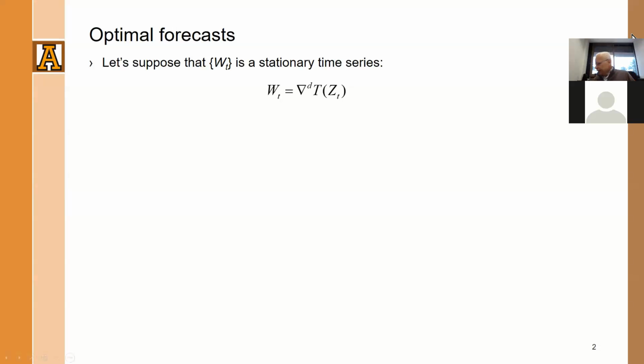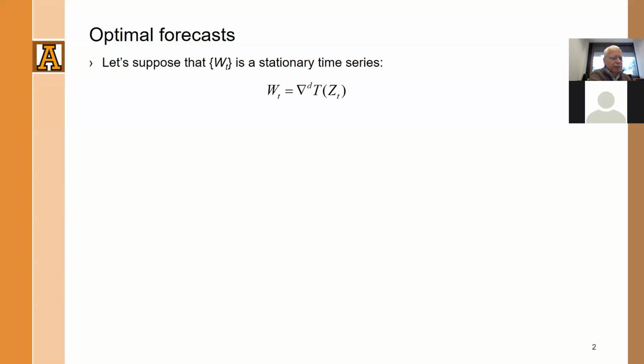Now let me get my iPad, because we have to draw stuff here. Now we're going to call it WT, and let's suppose that WT is already a stationary time series. WT may be the result of the difference of order D of a transformed time series.